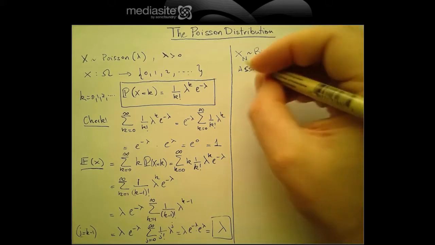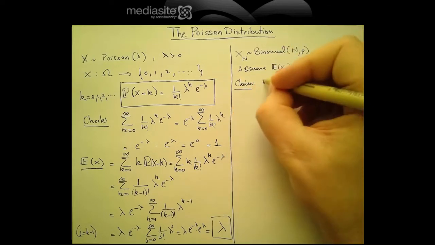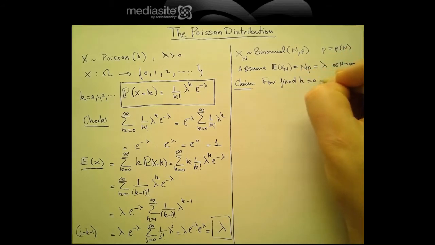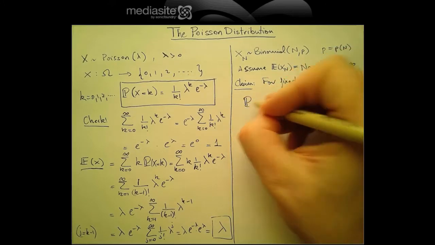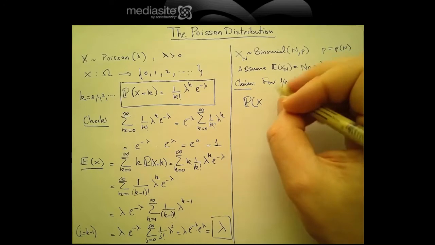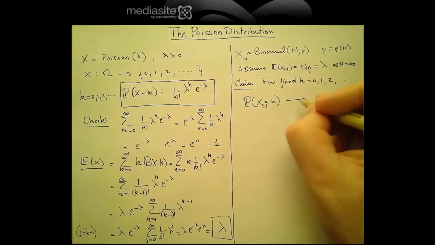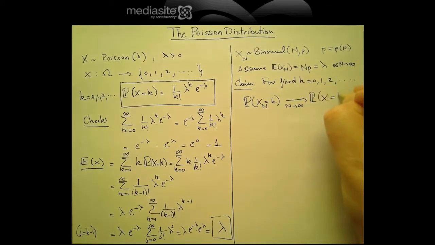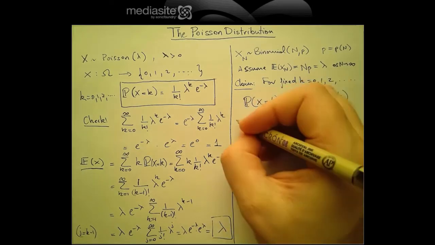Now I claim that for a fixed k equal to 0, 1, 2, the probability that xn is k, the binomial, converges as n tends to infinity to the probability that x is k, where x is Poisson. There's a convergence.